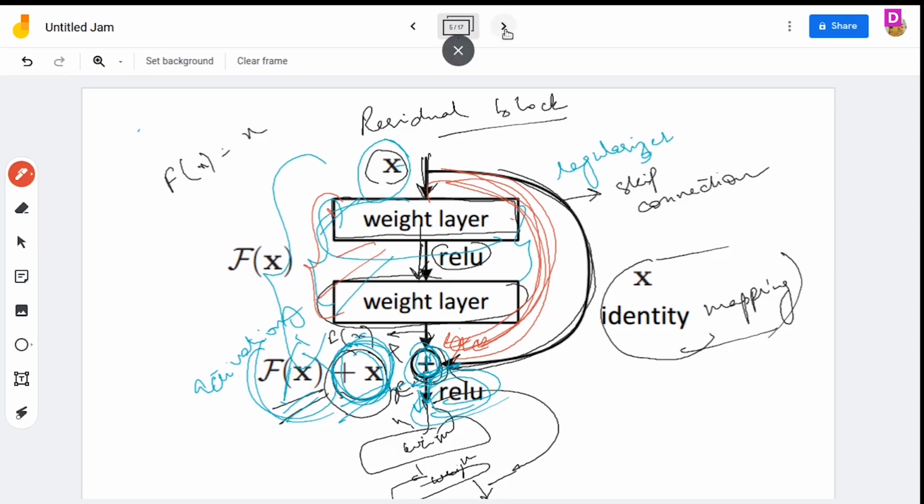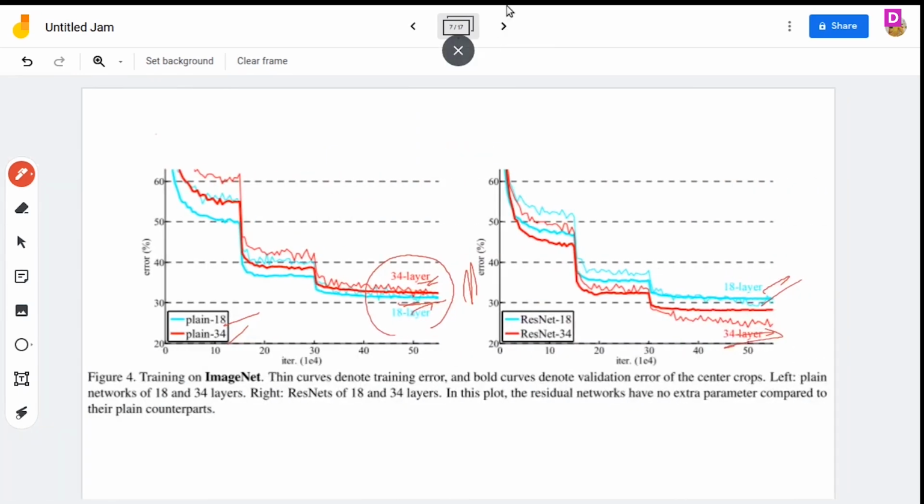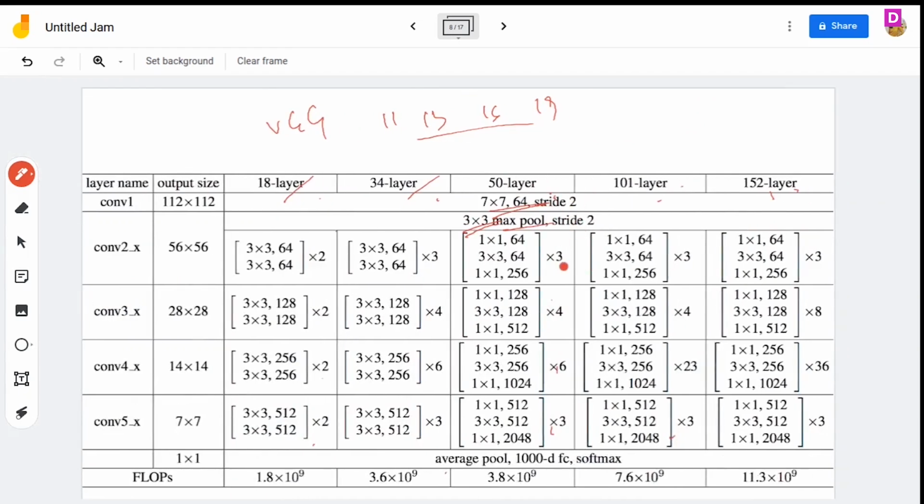So you can add more layers, but at the same time you will be able to skip them if they don't make a lot of sense. Here you can see the architecture is more or less the same. They are using this 2 times, 3 times, 3 times, 3 times. I mean the number of times that layer is used increases depending upon the total layers of the architecture, right?